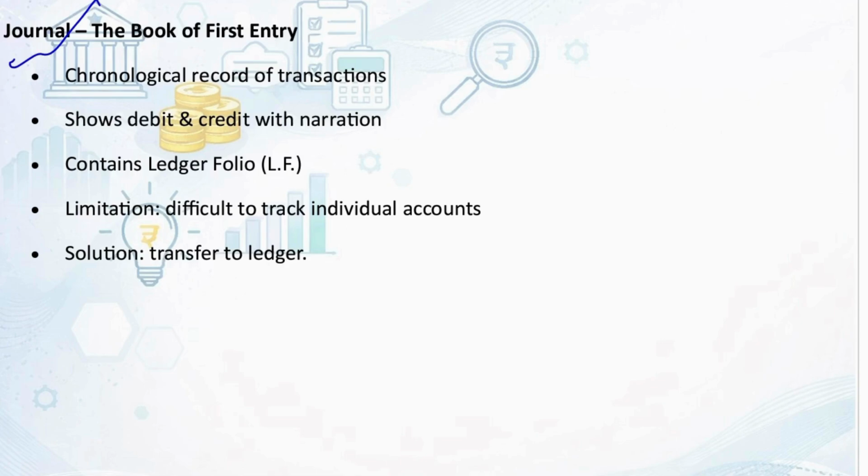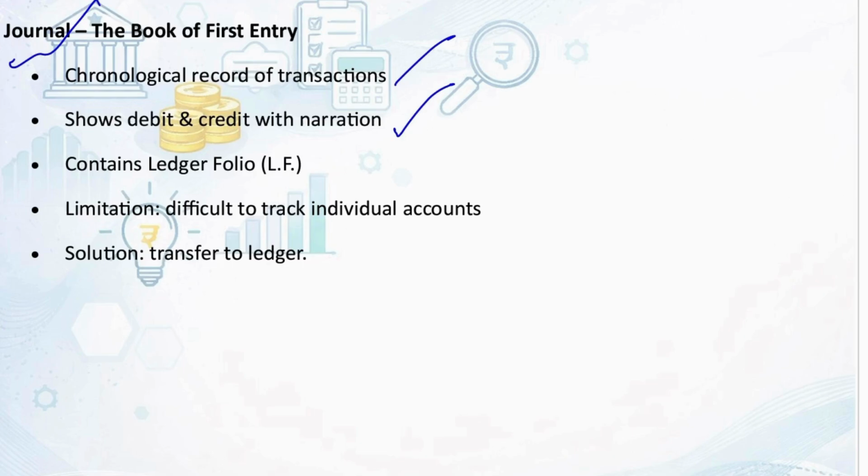Now the journal. The journal is the primary record of transactions. Every entry is written in chronological order. It shows debit and credit of a transaction with a clear narration, and it explains the nature of the transaction.